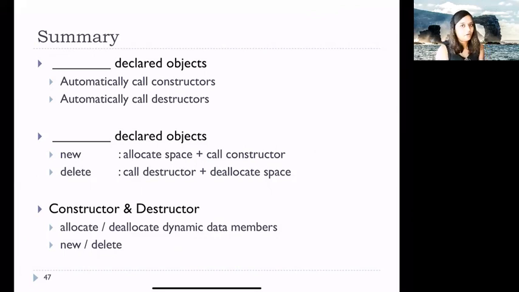How can you declare an object that would by default call the default constructor that we declare in the class, and it will automatically also delete the space, or let the computer know that this memory space is no longer in use by this program after the program ends, and that memory space can be used by something else later? How can we declare an object in order to make this happen?